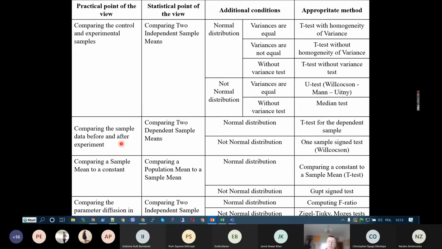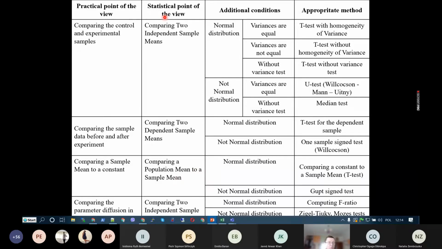And when we make observations for patients before and after they have taken this particular medicine, it will be sample data before and after the experiment. The second column gives us a statistical model like independent sample mean comparison for the first case, or dependent sample mean analysis for the second case. And if you want, for example, to decide after patients take medicine that their vital parameters reach a specific given level, we get into the third case, comparing sample mean to a constant, and here it will be one more statistical model, and so on.